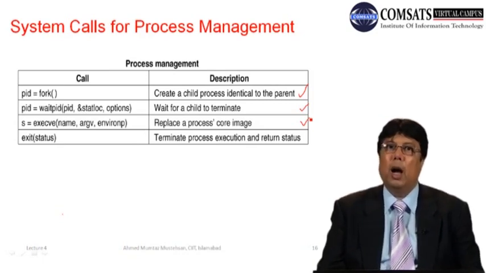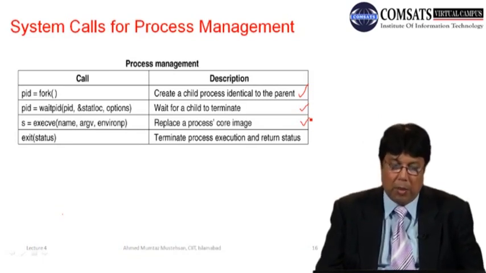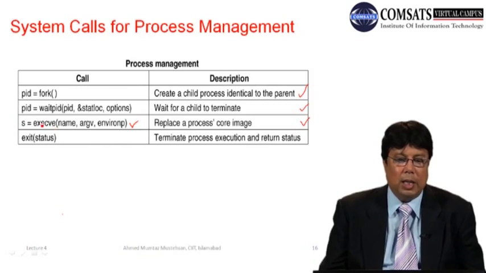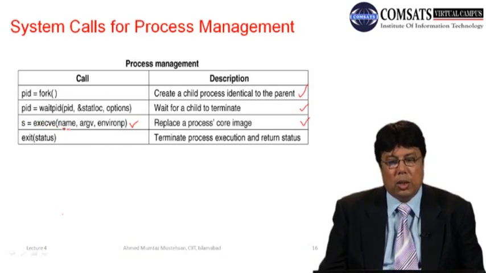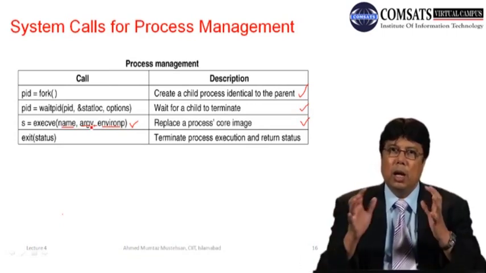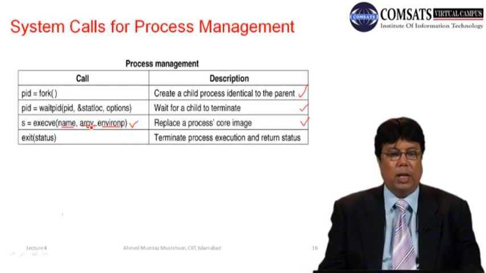The operating system translates your command into the form of a system call, and for that it uses this system call exec. EXECVE loads the arguments, loads the environment and provides the parameters, and then the image of that particular program is loaded into the process address space for execution.